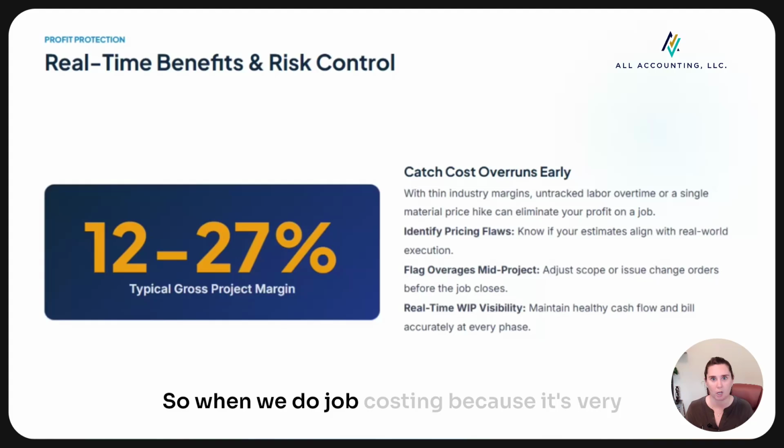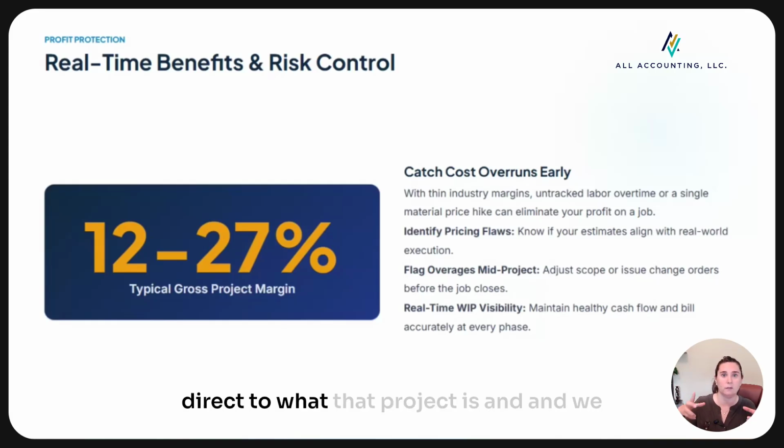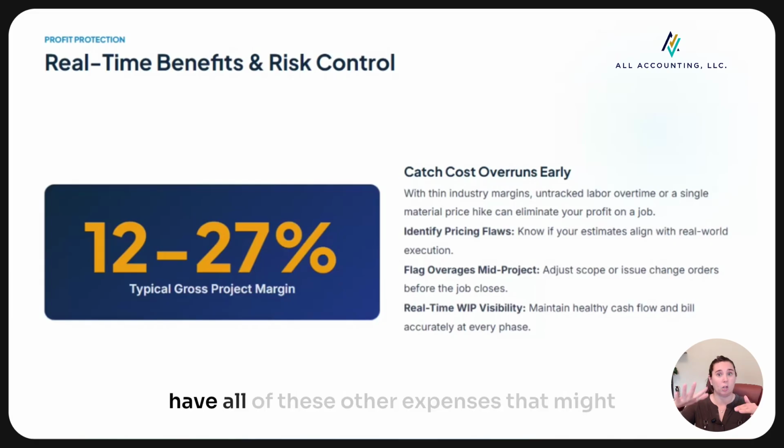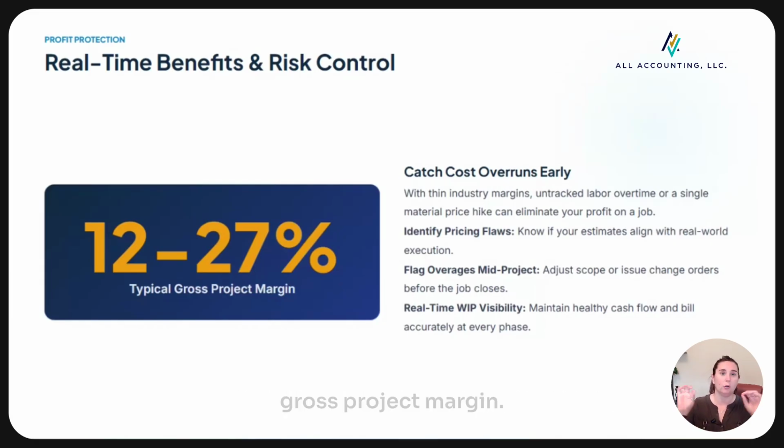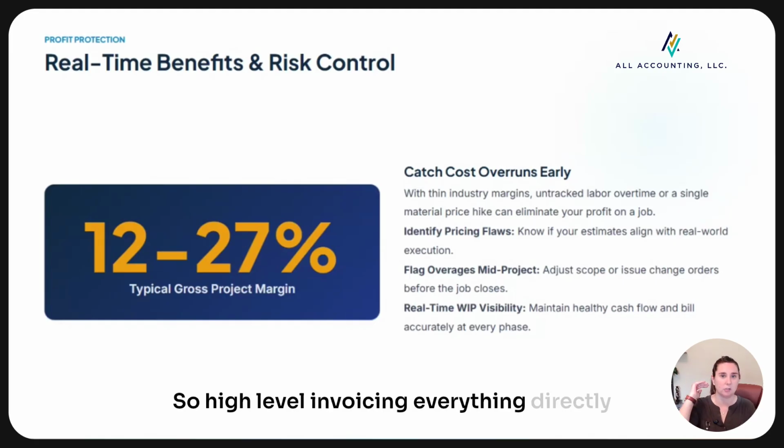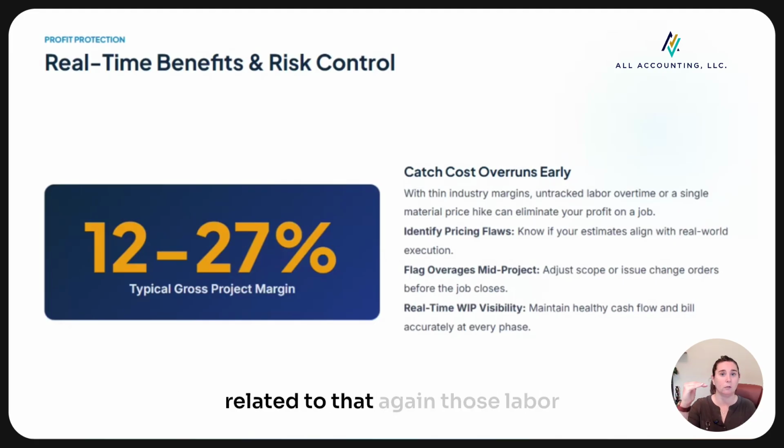When we do job costing, because it's very direct to what that project is, and we have all of these other expenses that might happen within the business, we call this the gross project margin. So high level: invoicing, everything directly related to that. Again, those labor, subcontractors, material, and overhead allocation.